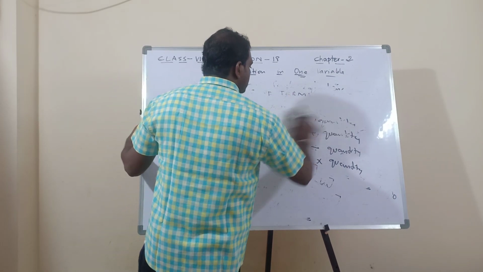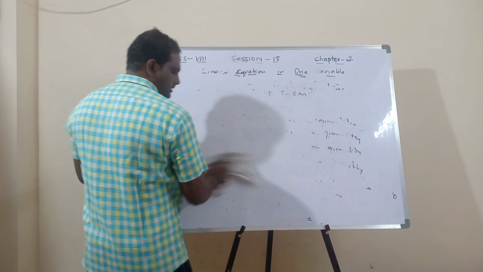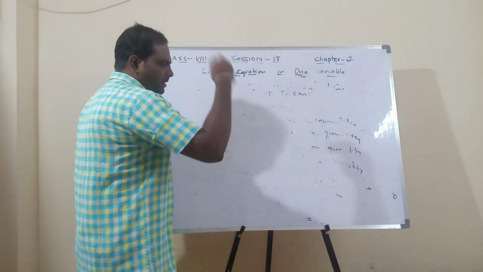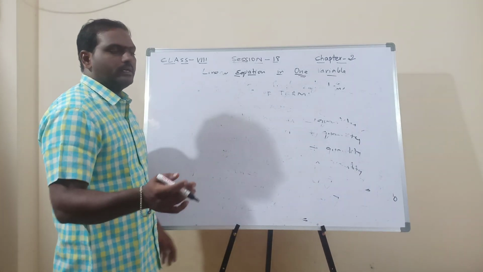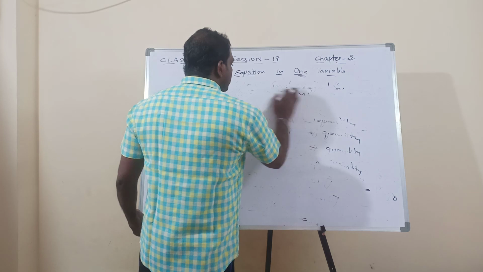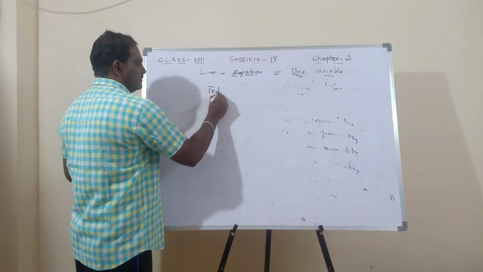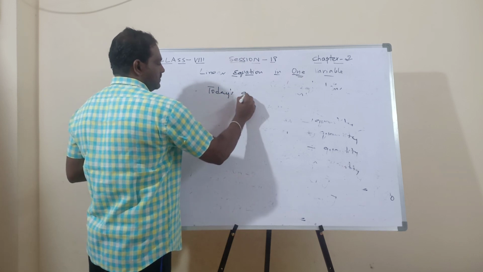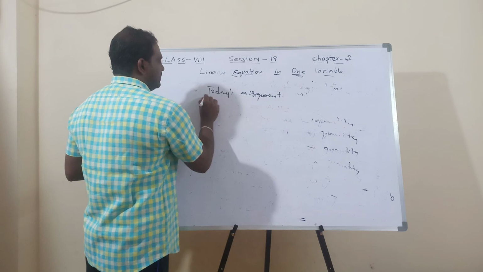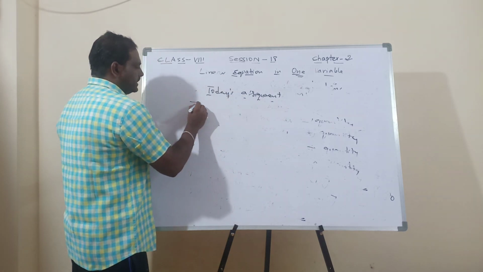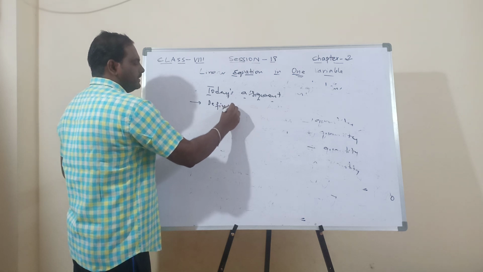In this session, for today's assignment, some students are writing all the examples I have given. Some examples I give only for your understanding, so there is no need to write those. Today's assignment: all the definitions I have told.